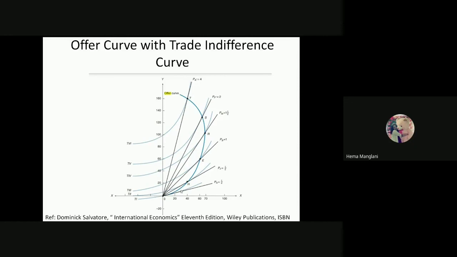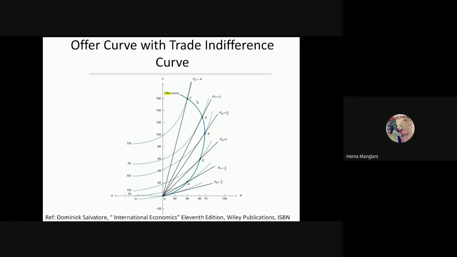Whenever you are arriving at the consumption of the H point, E point, R point by offering this X commodity, the trade indifference curve has to follow the tangency at several points. Then we say yes, it is also touching the welfare aspect, or Pareto optimality, and only then is the offer curve derivation complete.